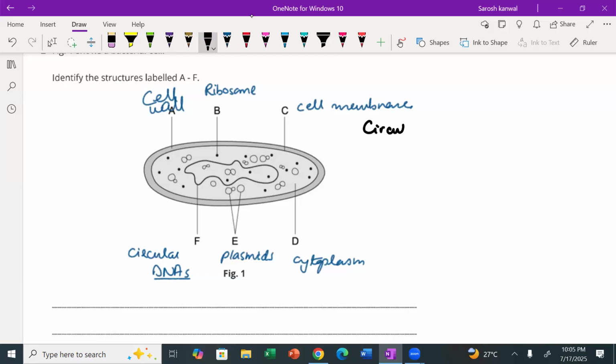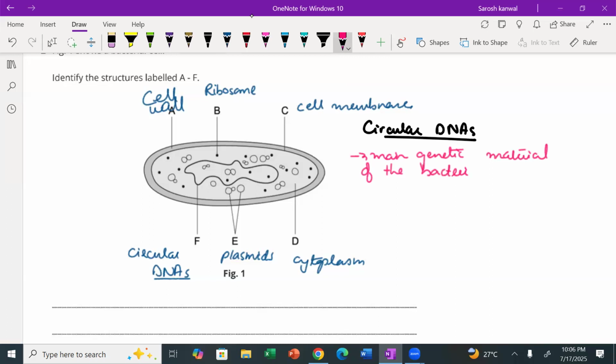The circular DNA, you can say, is the main genetic material of the bacterial cell. It is the one large circular molecule of DNA.